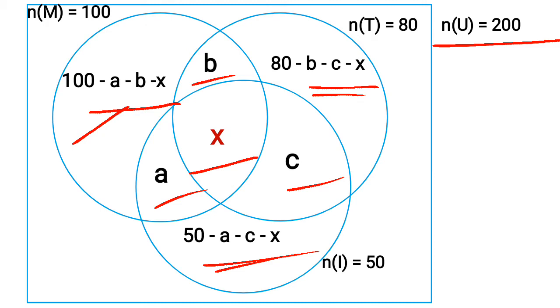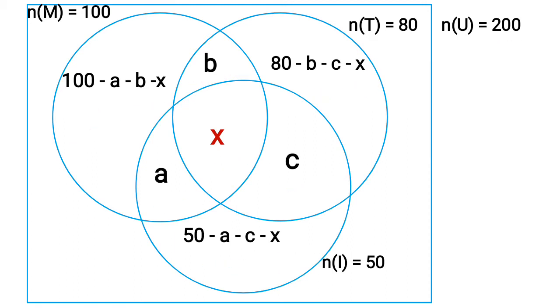Don't worry, it's very, very simple. Because if you remember, the question said those who complained of exactly 2 were 26. And we have used, let me clear my space, we have used A, B, and C to represent that 26.